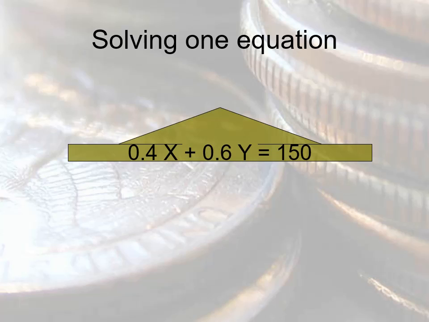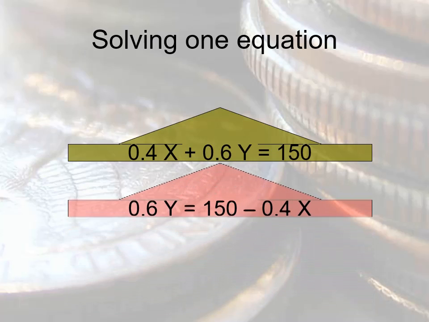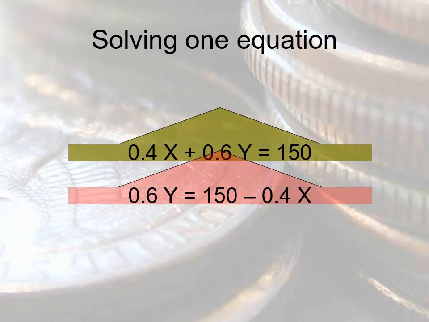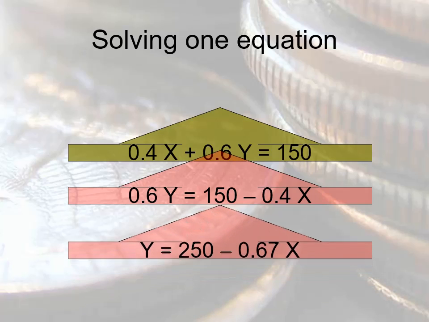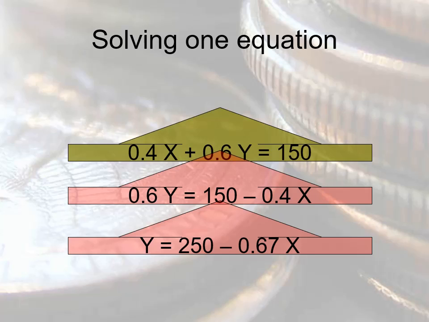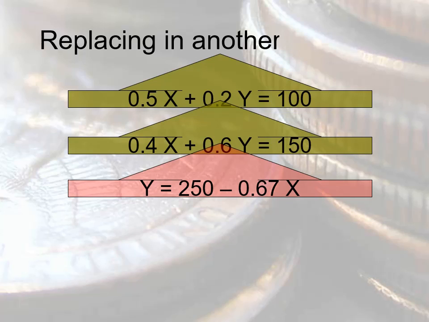So 0.6y will equal 150 minus 0.4x, and dividing both sides of the equation by 0.6, y will equal 250 minus 0.67x.